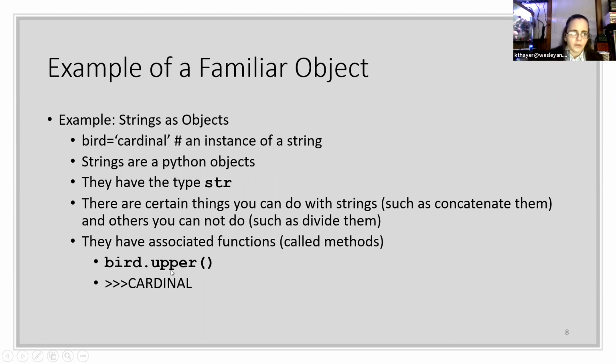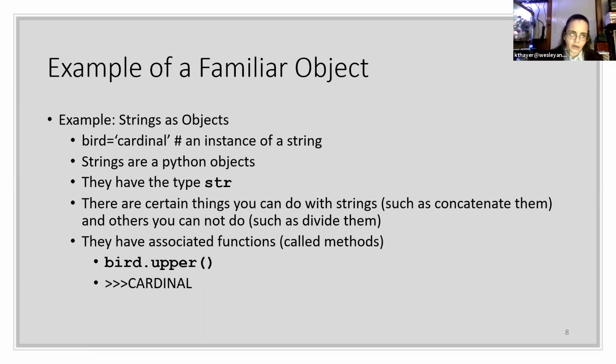So for example, here is a method. Here is the variable name of a string, and being of type string, it's able to access the dot upper, which is a function that is associated with the type of this variable, which is string. So this says a couple of things. It says here's the variable that resolves to string. Because the type is string, it's an object and it's an example of a string. And strings have some things associated with them.